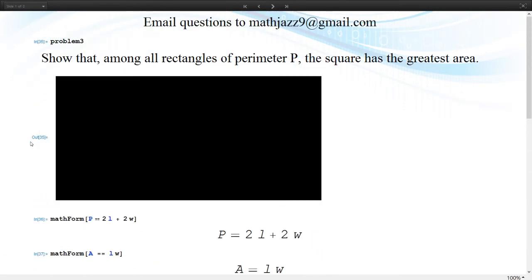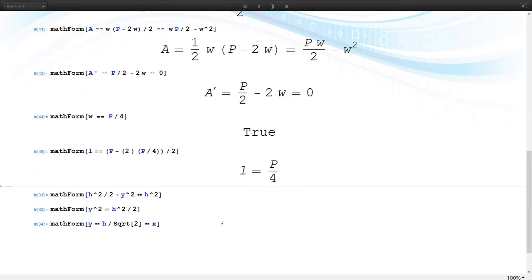So of all rectangles whose perimeter adds up to P, the one that has the largest area is the square. That's pretty cool to know.